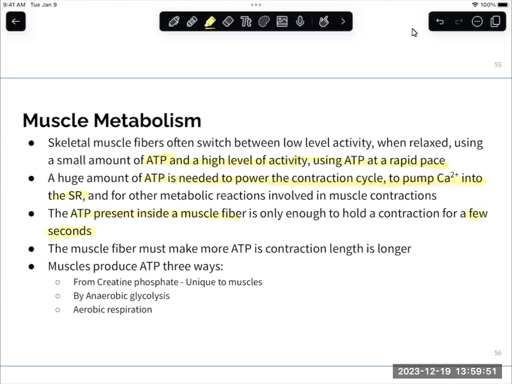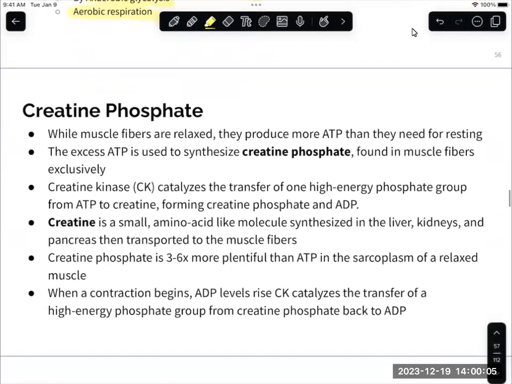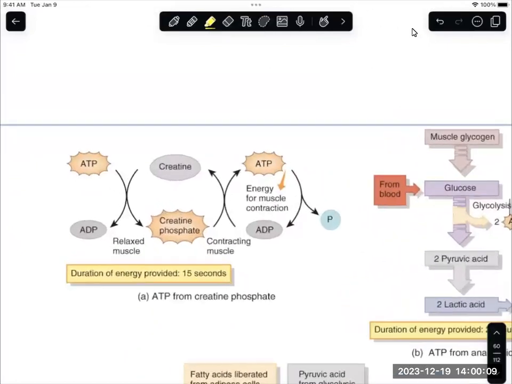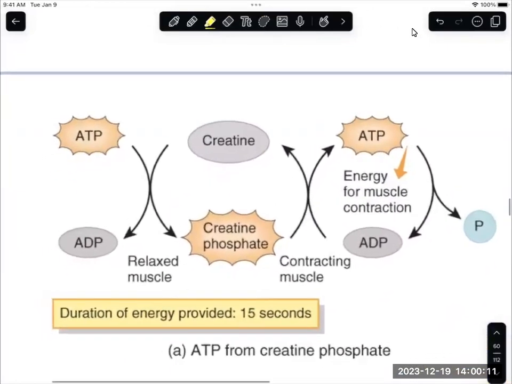So we use creatine phosphate. This is something that is unique to muscles. We also have anaerobic glycolysis and aerobic respiration. So creatine phosphate. I want a picture. We make ATP.